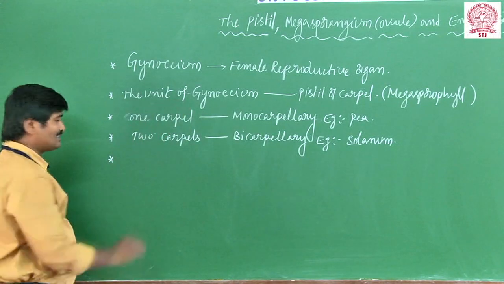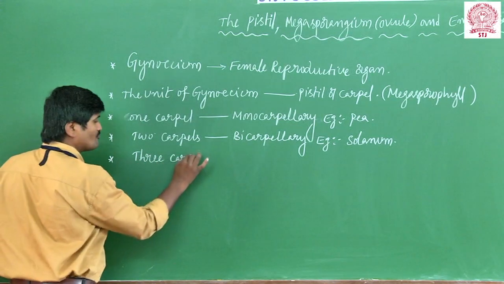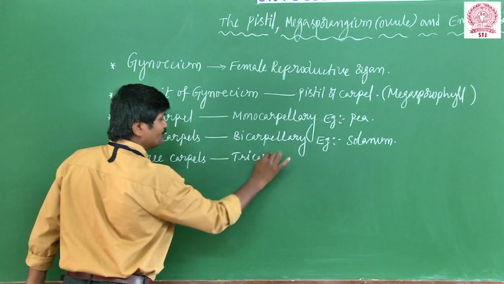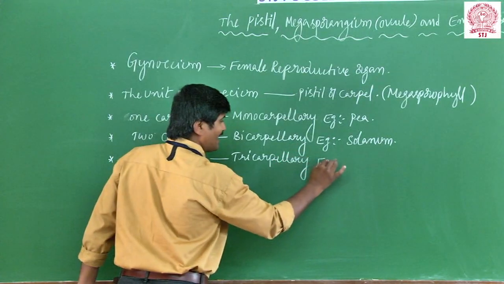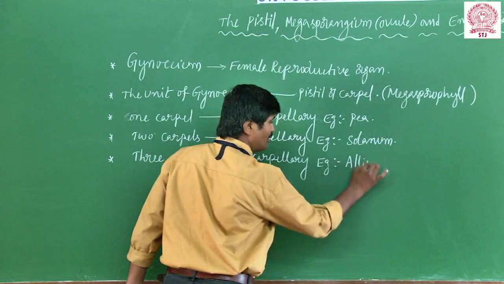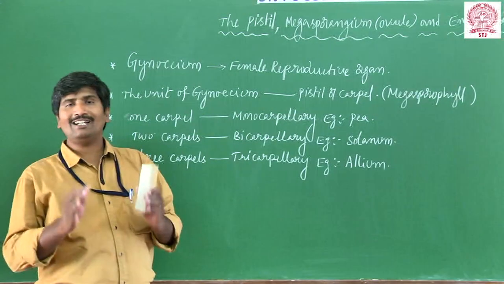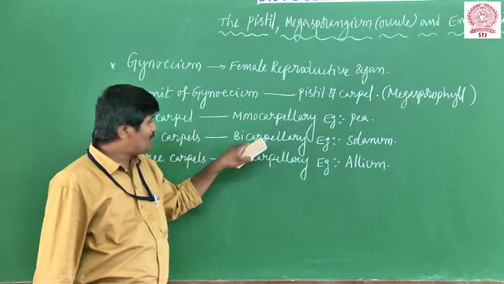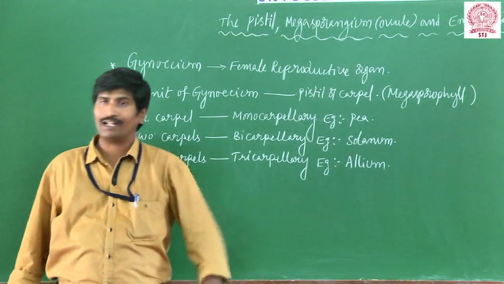It may consist of three carpels, tricarpellary. Example for tricarpellary, Allium, onion, which belongs to the Liliaceae family. So generally Liliaceae family is tricarpellary, Solanaceae family bicarpellary, and Fabaceae family monocarpellary.